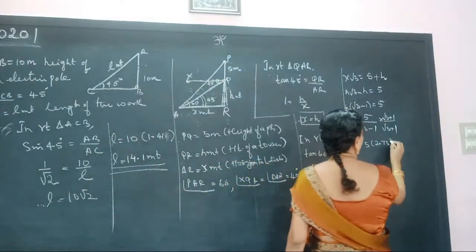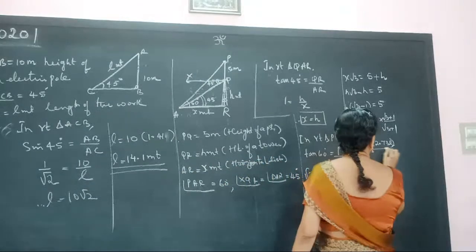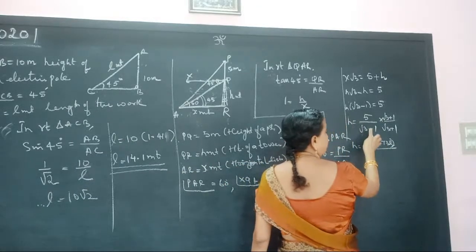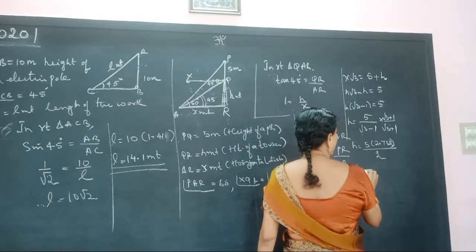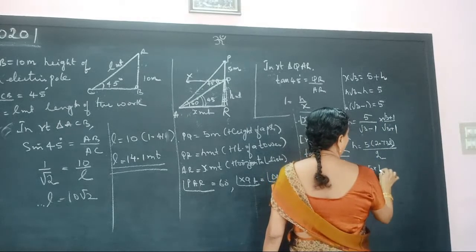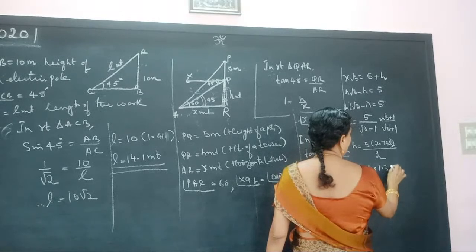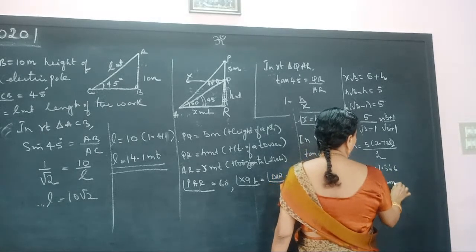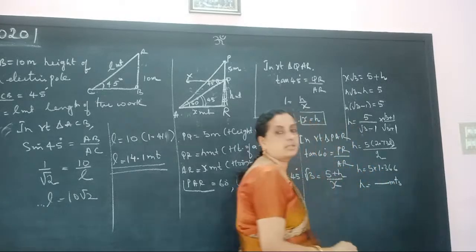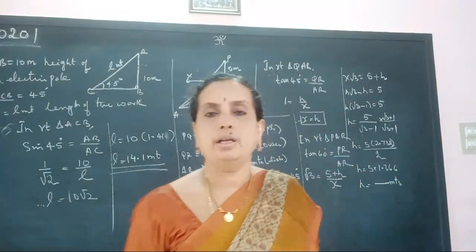Over root 3 square minus 1 square. 3 minus 1 is 2. h equals 5 into 2.73 by 2. Do the product, you will get the answer. That is the height of the tower.